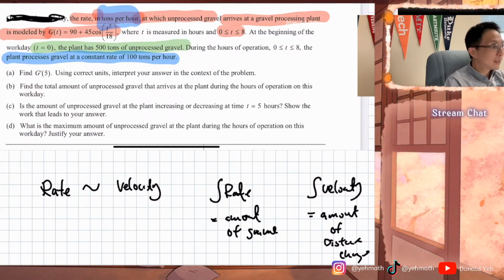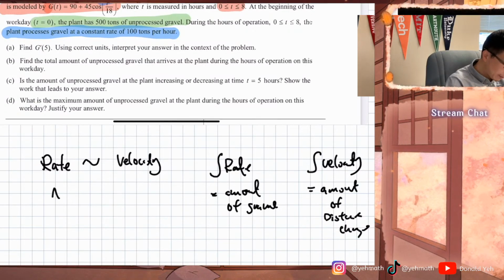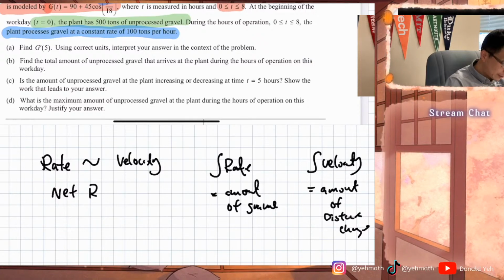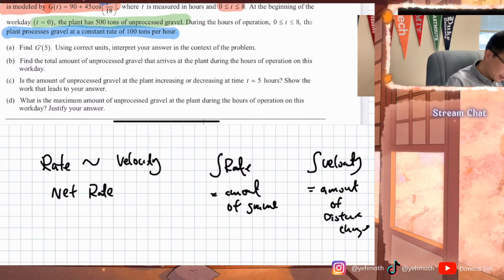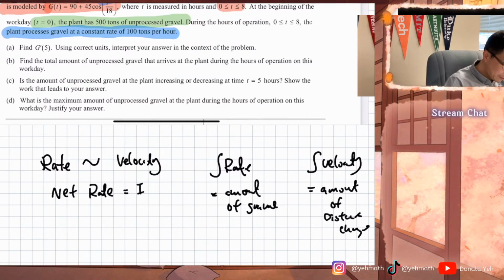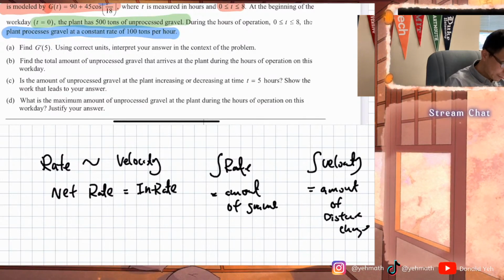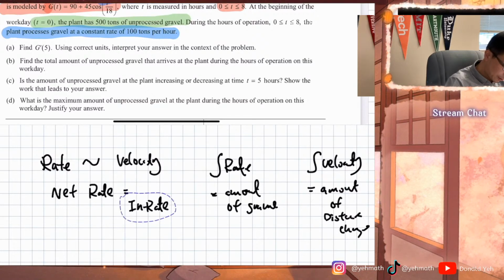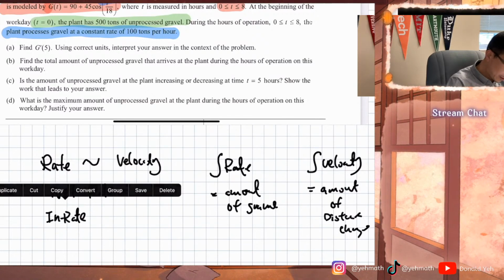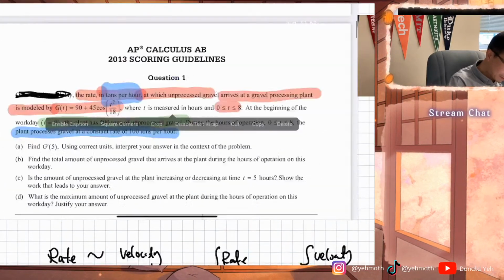Now, in this question, I call it net rate. Why do I call it net rate? Net rate, something is net. That means there is something that goes in and there's something that goes out. So net rate is equal to in rate, hold on, let me change this here, equal to in rate minus the out rate.